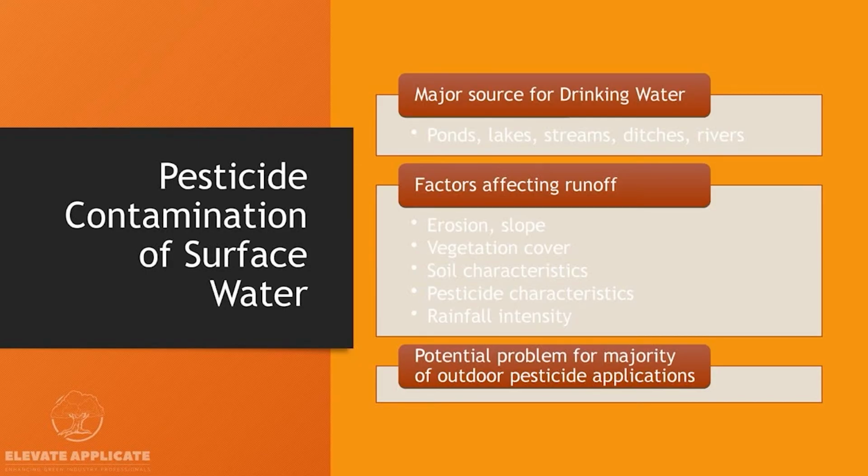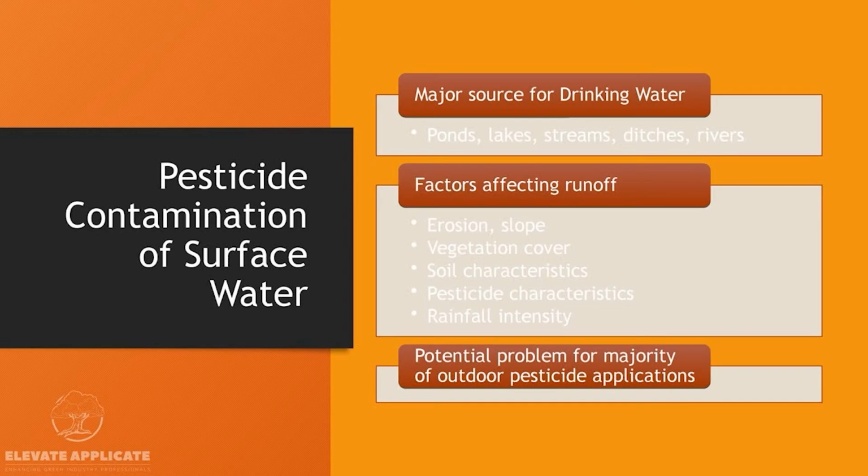So surface water is a major source for drinking water, right? Ponds, lakes, streams, ditches, rivers. And there are a lot of factors that can affect runoff into these areas. For instance, erosion or the slope. How quickly is something going to erode down into a lake or river? How much vegetation cover is on the hillside? What are the soil characteristics? Is it sandy?